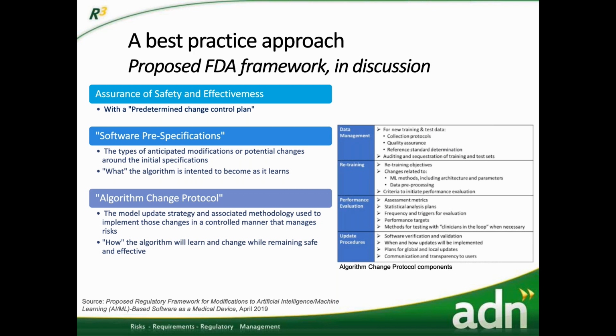This is what is called a software pre-specification, which tries to anticipate the modifications and potential changes around the initial specification, with, we can say, the learning curve of the machine learning model.